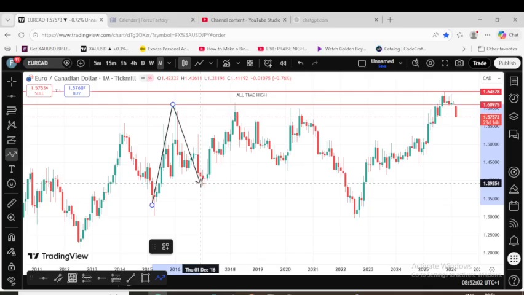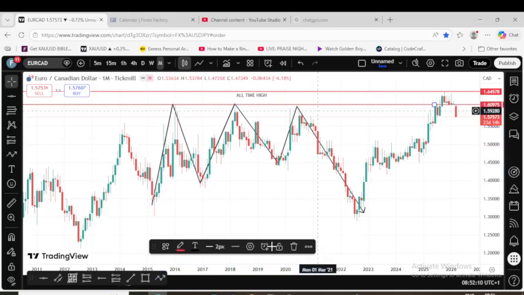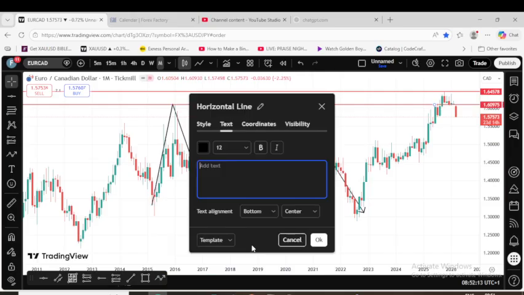So you can see based on my black lines that price has found resistance on this level, and on this level, multiple times, turning it into a valid monthly zone.